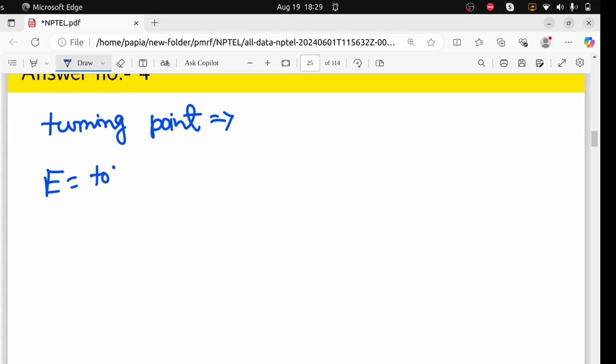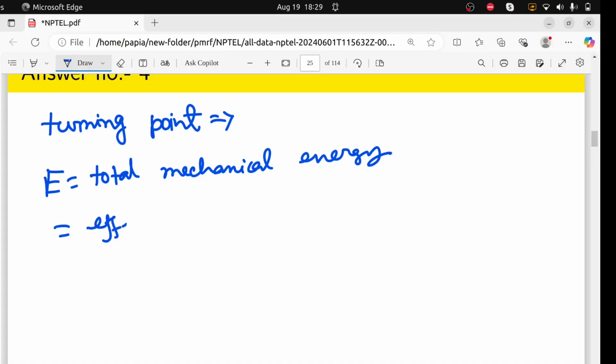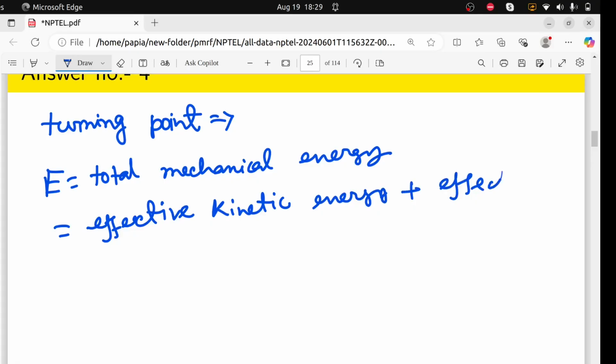This is total mechanical energy, which is effective kinetic energy plus effective potential energy.